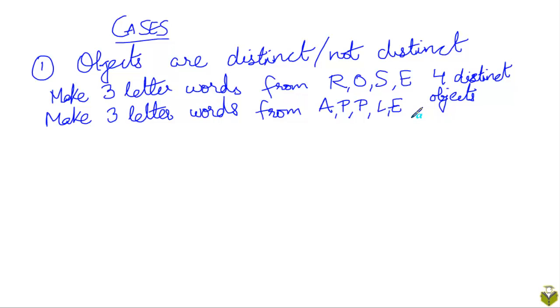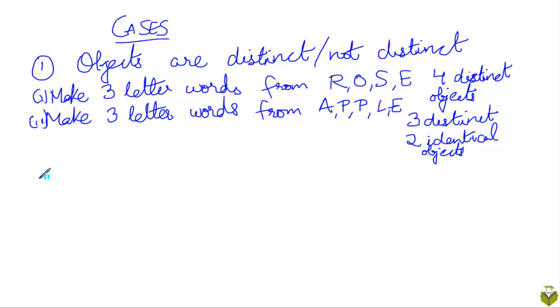You have 3 distinct and 2 identical objects. So these two are basically separate cases. So we have to deal with these 2 cases separately, and I will actually cover these cases in detail with examples in the next few lectures.